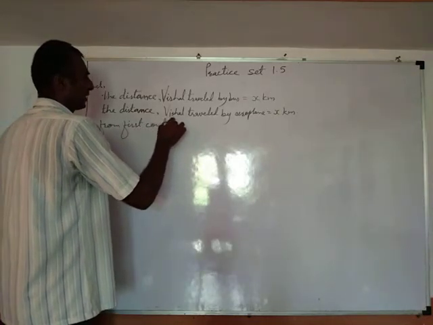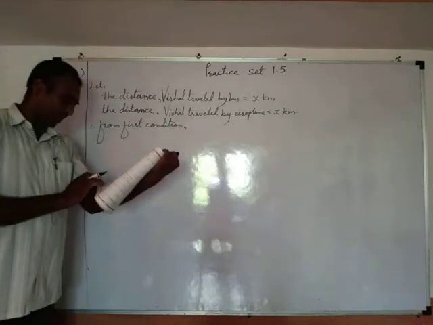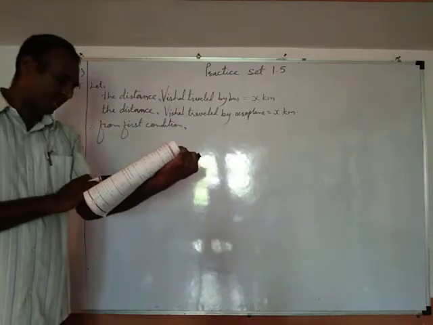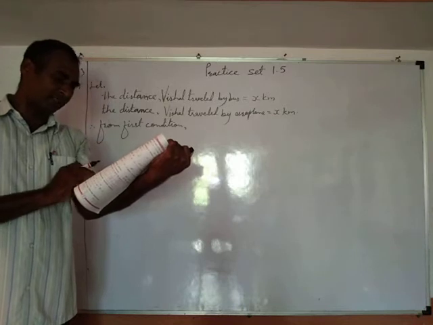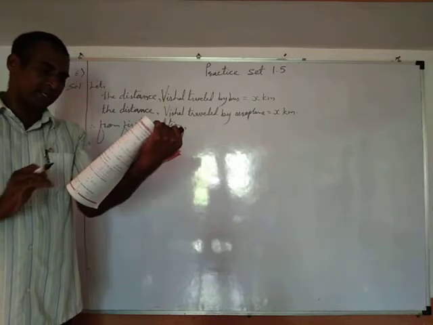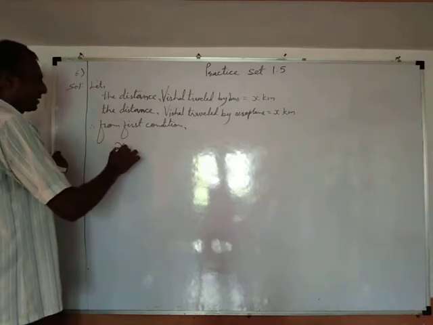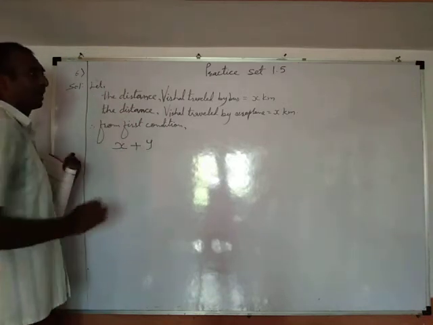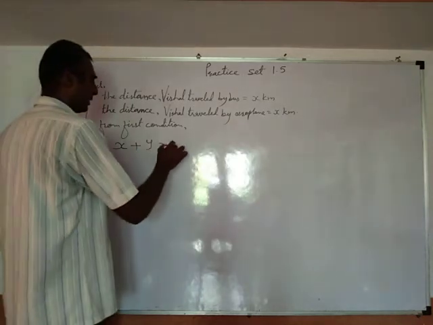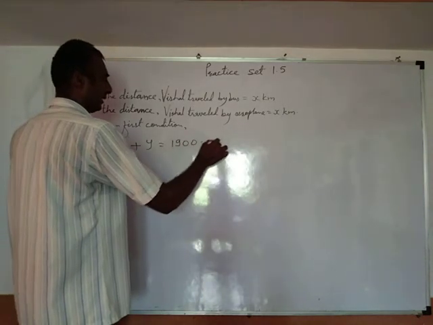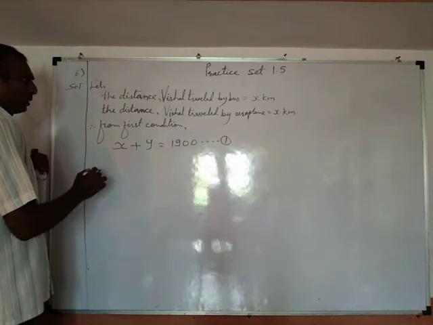what is the first condition? The first condition is out of 1900 kilometers we shall travel some distance by bus and some by aeroplane, means distance traveled by bus plus distance traveled by aeroplane must equal 1900. Equation first. Okay.